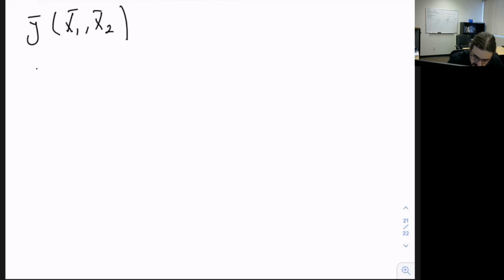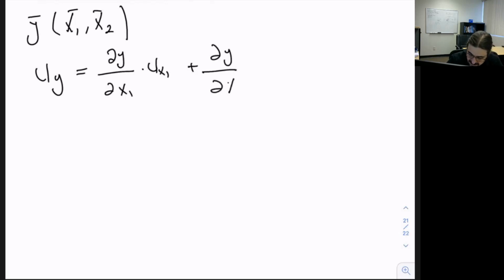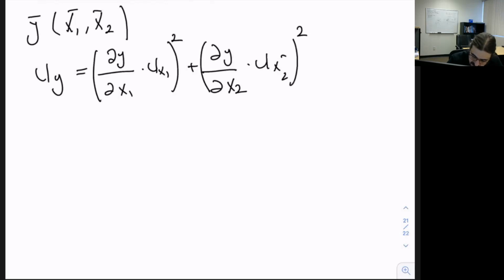Then your uncertainty of y is going to be dy/dx1 times ux1, plus dy/dx2 times ux2, and obviously we have to use RSS to combine uncertainty, so that would be squared, and that will be square root, okay.